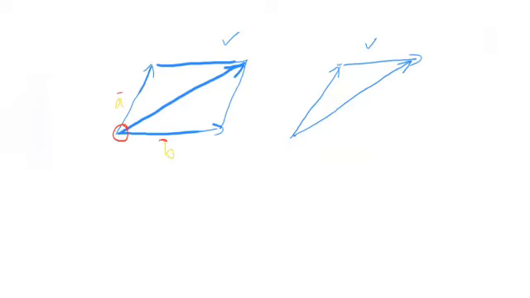Whereas in the triangular law of addition, a bar and b bar are drawn such that head and tail are drawn successively like this. Please remember the difference here. Here head comes before the tail, whereas here two tails are joined. Here the diagonal is called the resultant, whereas here the third side is called the resultant. This is represented by a bar plus b bar. This is how you add the vectors.